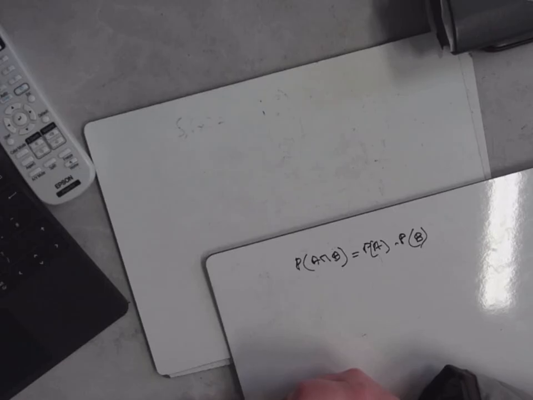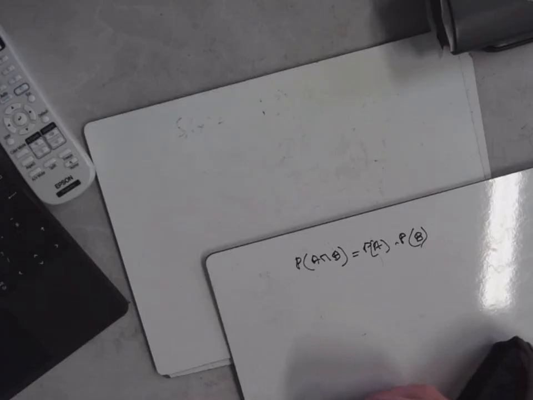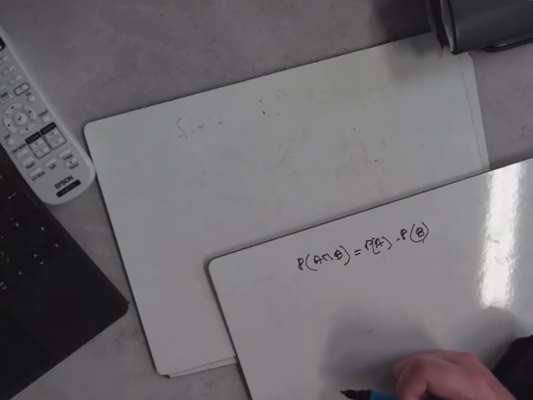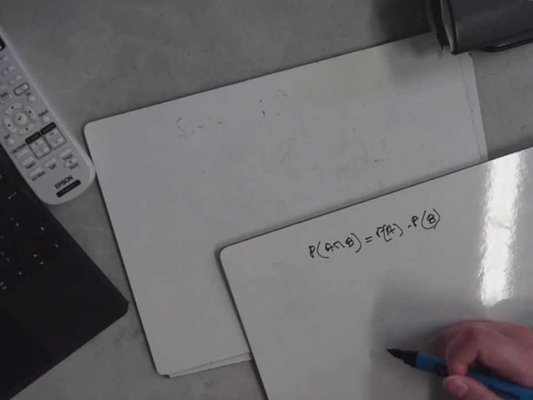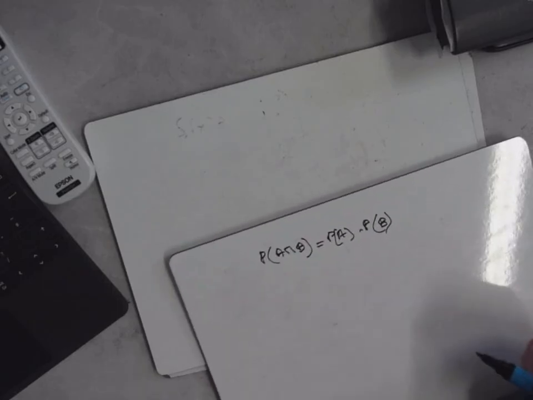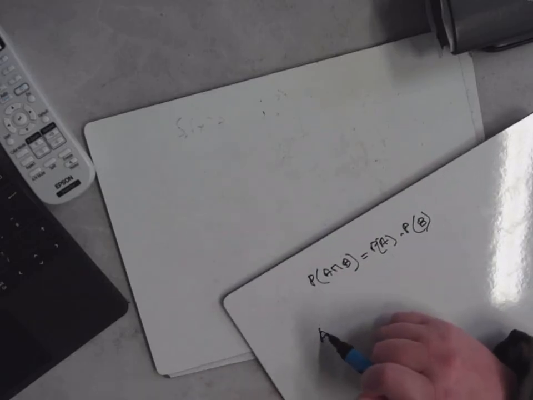Probability of A union B. Use the formula that P(A) plus P(B) minus... two independent events. What? Hold on.